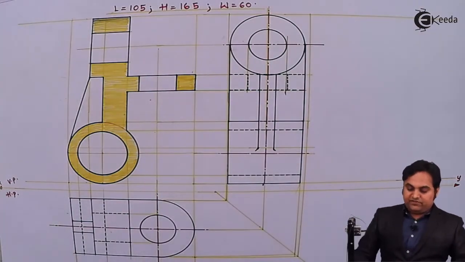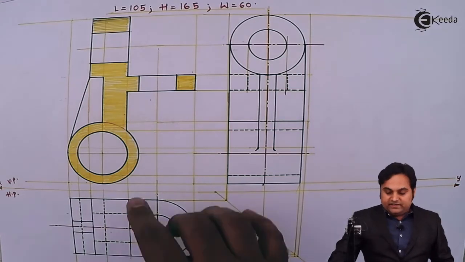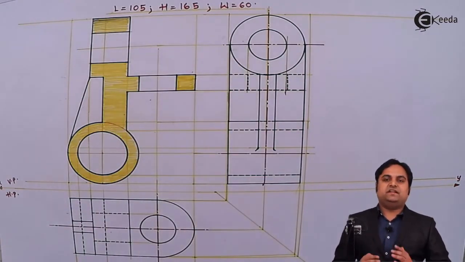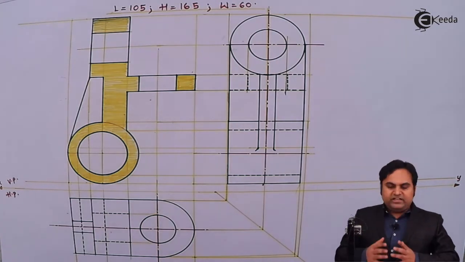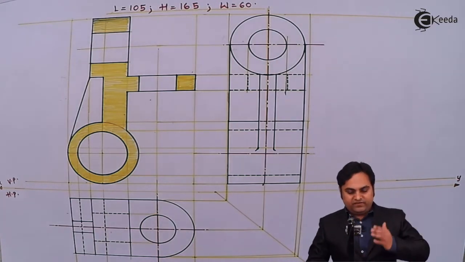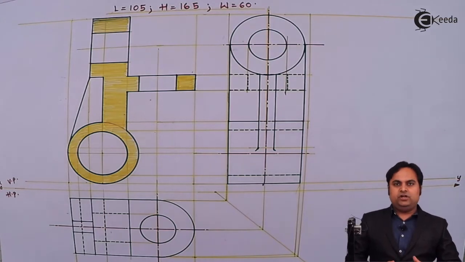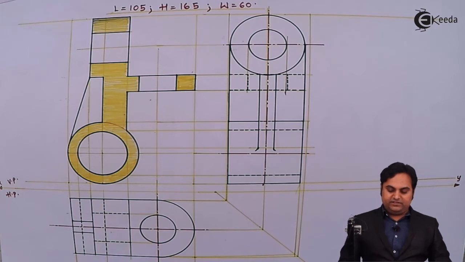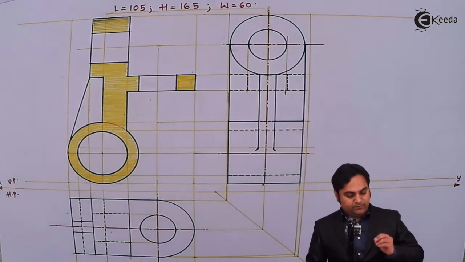So here the surfaces which I have shaded, inside this yellow portion I would be drawing the section lines, that is the cutting plane lines, because when an object is cut we have to explain the sectioning, that is draw the convention which indicates that it has been cut, and that is possible with the help of section lines.